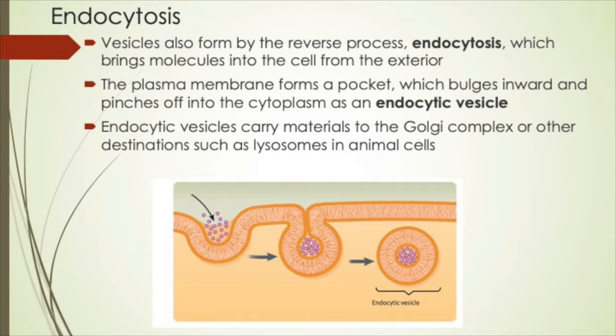And they can go outside the cell. All right, next slide. And sometimes, if it comes from another cell, it can come in through endocytosis. So it's just coming into the cell. And that's called an endocytotic vesicle.